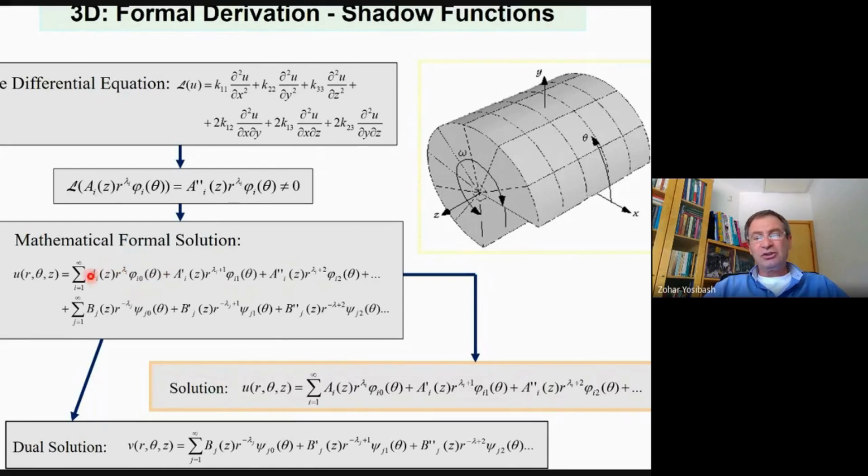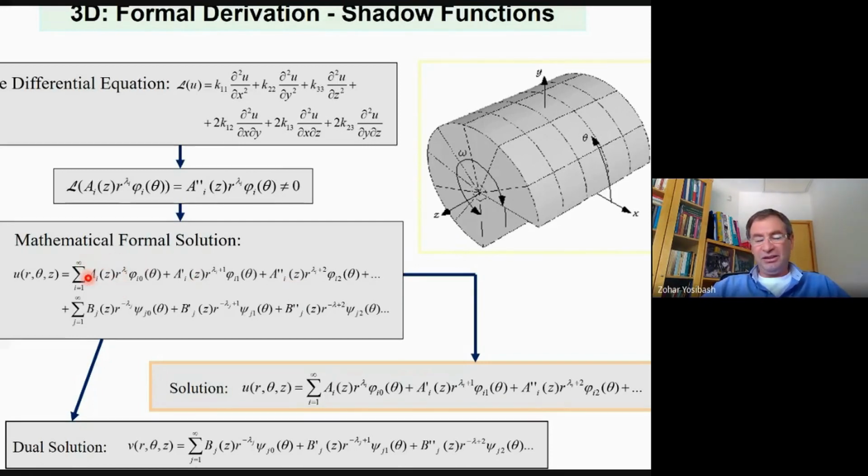So because of this two-dimensional solution here, I have shadows here, which are associated with the two-dimensional solution. And now the three-dimensional solution will not be only an infinite sum of the eigenvalues. Each eigenvalue will have also an infinite number of terms associated with the two-dimensional eigenvalue. And this complicates considerably the methods that we use in order to extract these functions now.